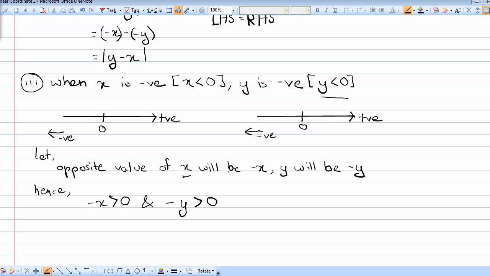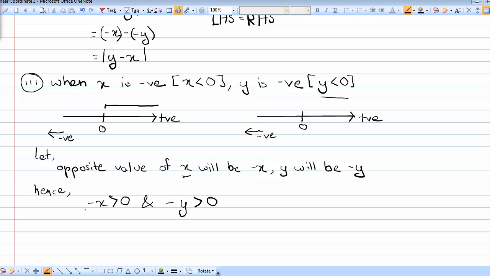So as you can see, previously we have assumed that we are now referring to the opposite side, and for this step 3 the opposite side is actually referring to the positive part, or the positive real number line that contains all the positive real numbers from the entire number line, and the same thing goes for y.